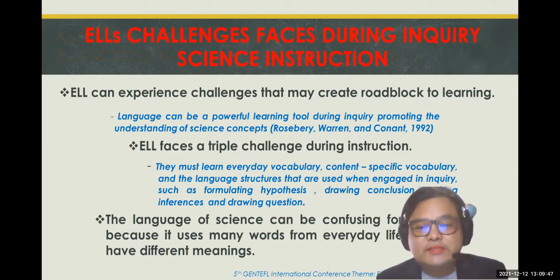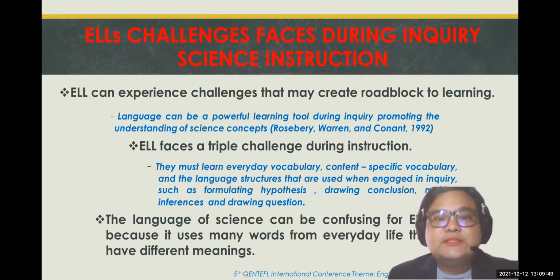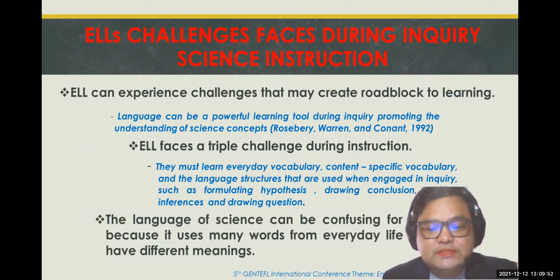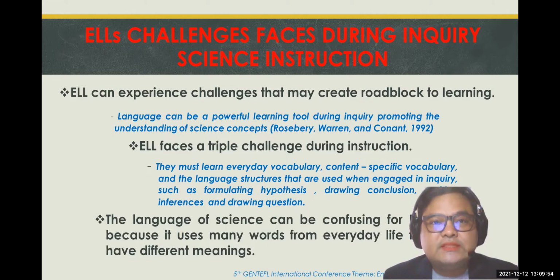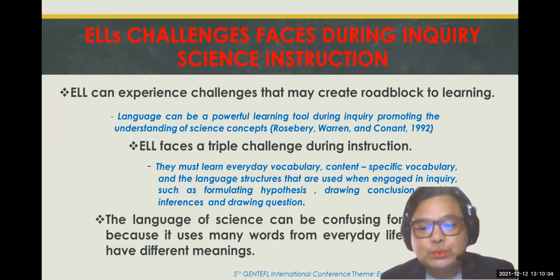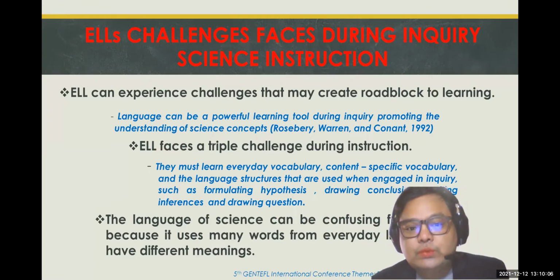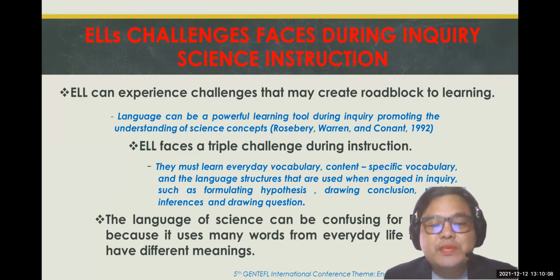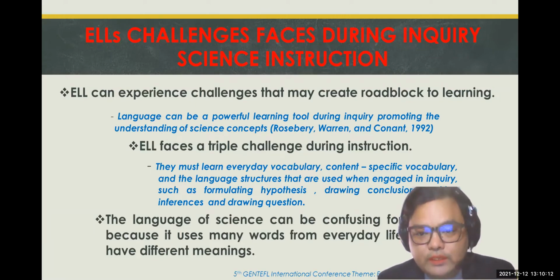So, what are the challenges that a science teacher faces when teaching science with English as the language of instruction? ELLs can experience challenges that may create roadblocks to learning. Language can be a powerful learning tool during inquiry, promoting understanding.